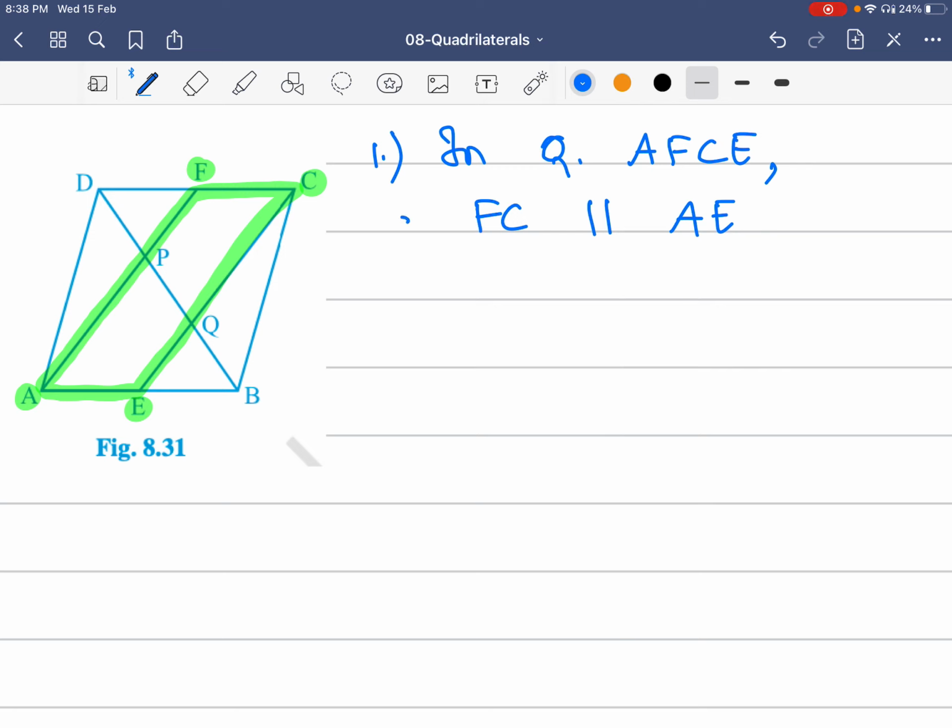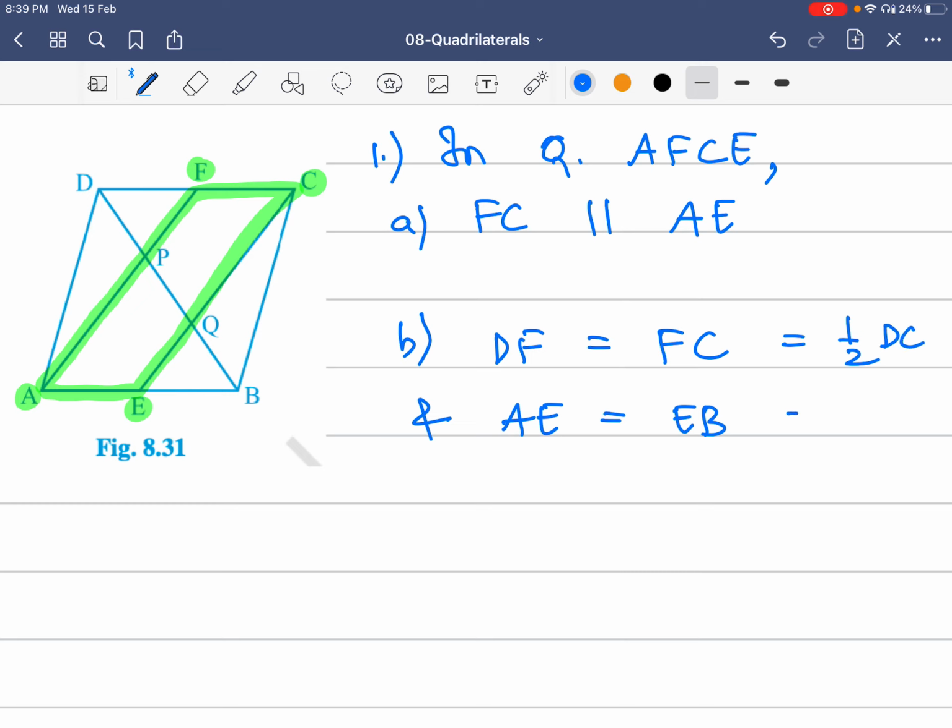That is our first point A, and point B is going to be, now F is the midpoint of DC, which means DF is equal to FC, and similarly E is the midpoint of AB, so AE is going to be equal to EB. This is going to be half of DC and this is also going to be half of AB. But this whole ABCD is a bigger parallelogram, and opposite sides of a parallelogram are always equal to each other.